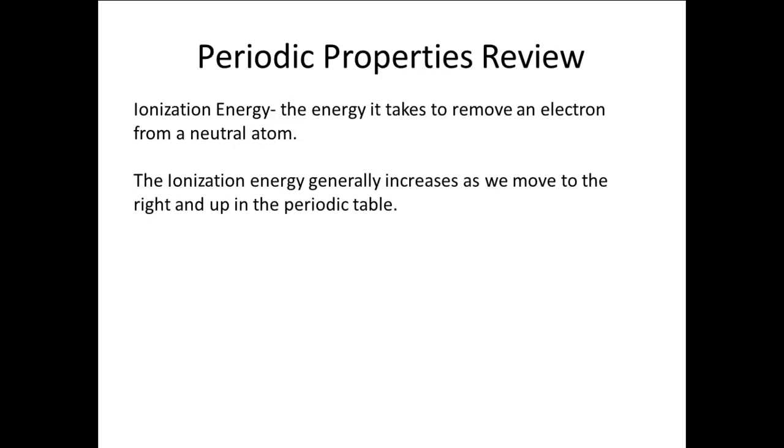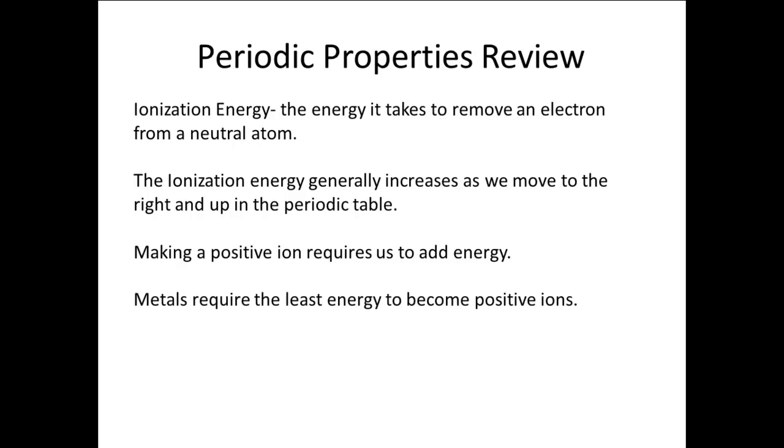The ionization energy tends to increase as we move toward the right across a period and as we move up a group. Making a positive ion requires us to add energy. The elements that need the least energy to form positive ions are the elements to the left and bottom of the periodic table, the metals.